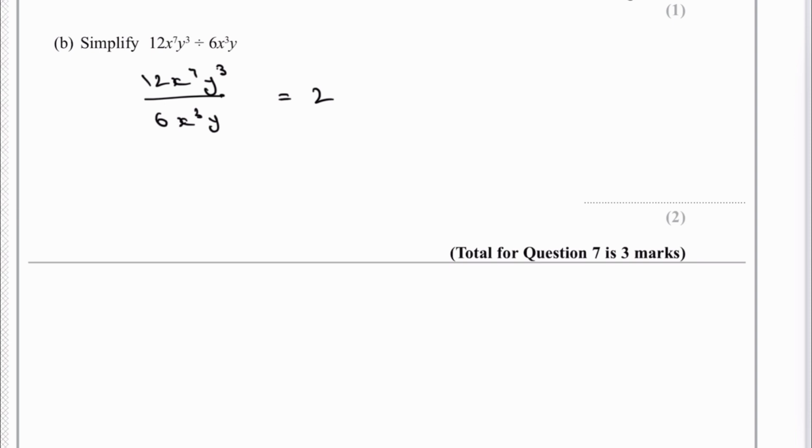And then I've got x^7 divided by x^3. Well, we're going to subtract the indices, so that's going to give me x to the power of 4. And then I've got y^3 divided by y. Now that's the same as saying y^1, so therefore that's going to give me y^2, which is the answer to part B of this particular question.